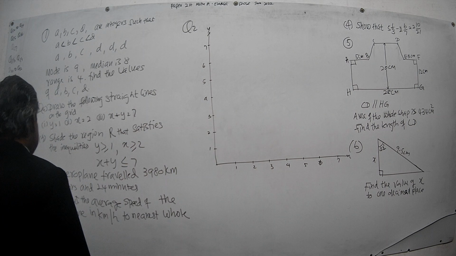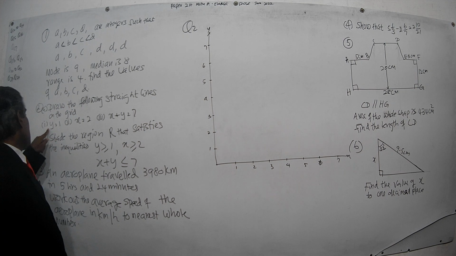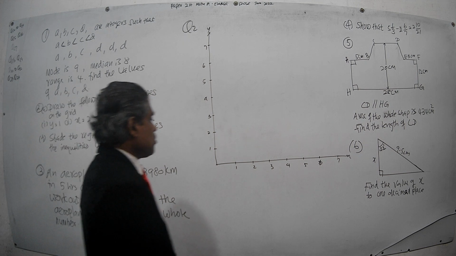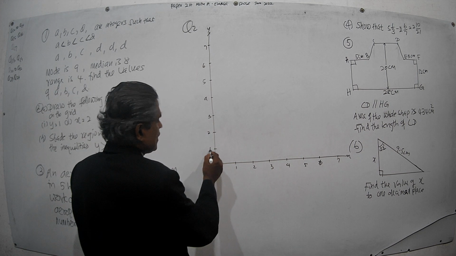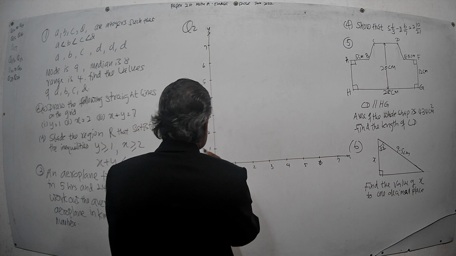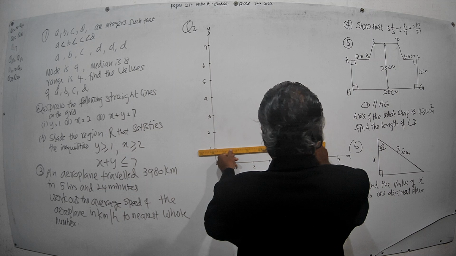Then they ask you to draw the first line. The first line to be drawn is y equals 1. Now y equals 1 means this one here. Then y equals 1 goes through the y-axis at 1, like this.